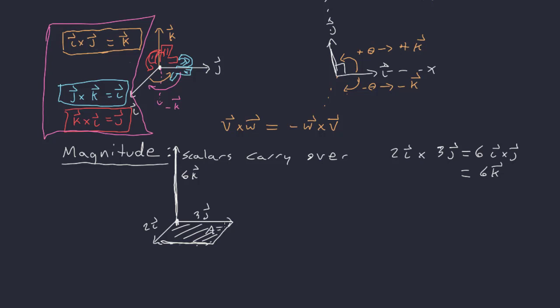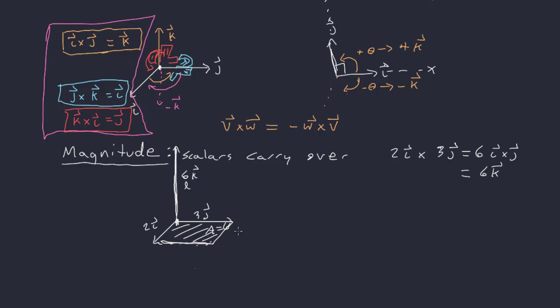This area is 6, which happens to match the length of the cross product. So it turns out that the area of the parallelogram formed from the two vectors that we're crossing equals the length of the cross product vector that we get.